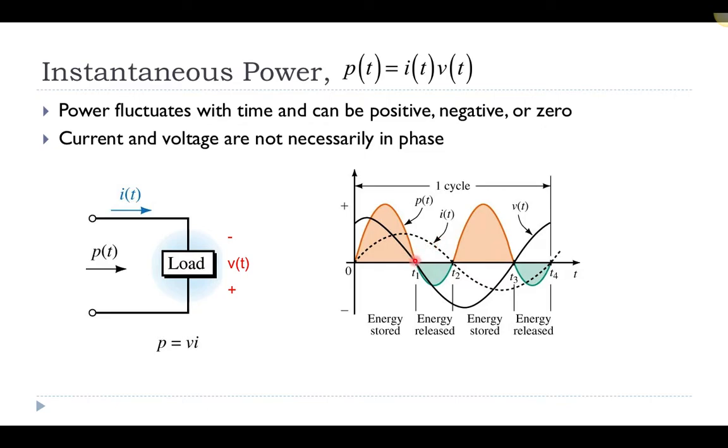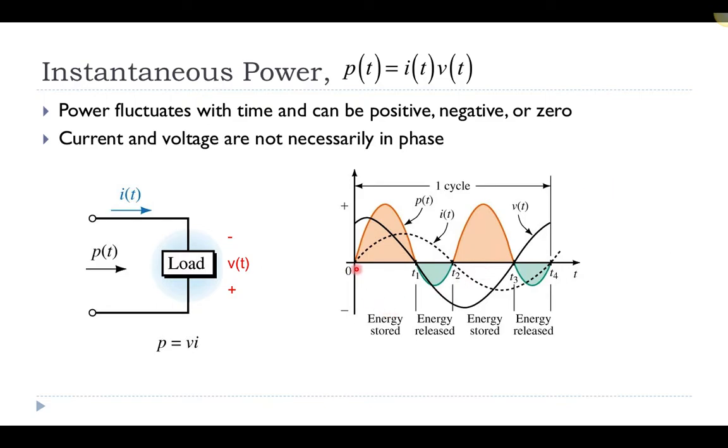So there's an instant in time right here where the total power is zero, and it can also be negative. And so because the current and the voltage are not in phase, the power is going to have this fluctuation, and we're going to have to think about it in terms of power being positive or negative or zero.